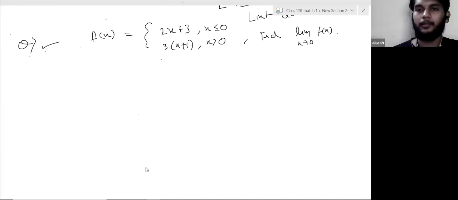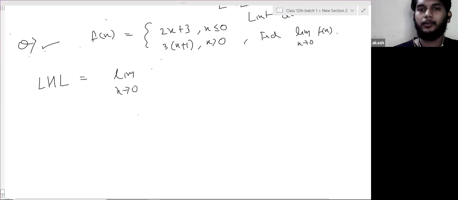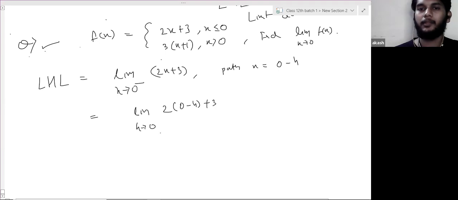Just a minute. All right. LHL, we can write limit x tending to 0 minus, 2x plus 3. So putting x equals to 0 minus h, this will be limit h tending to 0, 2 into (0 minus h) plus 3.